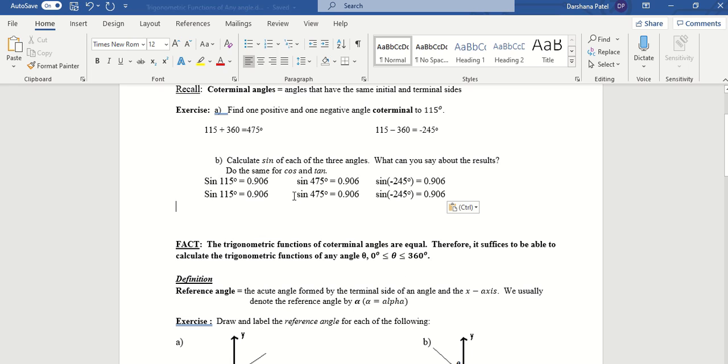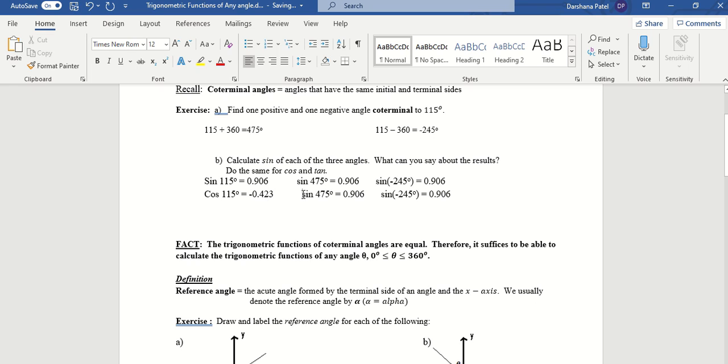So let's look at cos. Let's see what we get for cos of 115 degrees. Cos 115 degrees is negative 0.423.